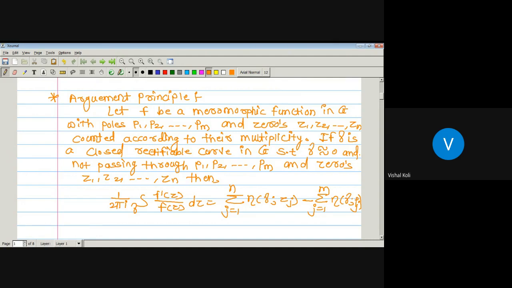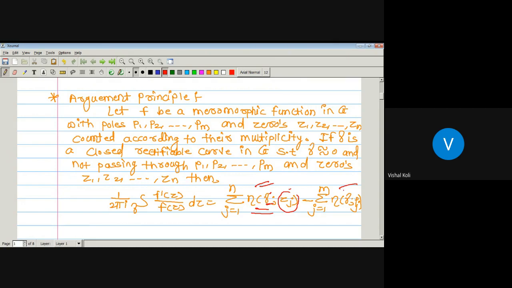And then we have to prove that 1 upon 2 pi i integration over the curve gamma f dash of z divided by f of z dz is nothing but summation j running from 1 to n index of a curve gamma with respect to a point zj minus summation j running from 1 to m index of a curve gamma with respect to a point pj. Actually this part is nothing but the number of zeros of the given function which are inside the curve gamma, since here we have taken all the zeros of the function f of z and its index with respect to a curve gamma.